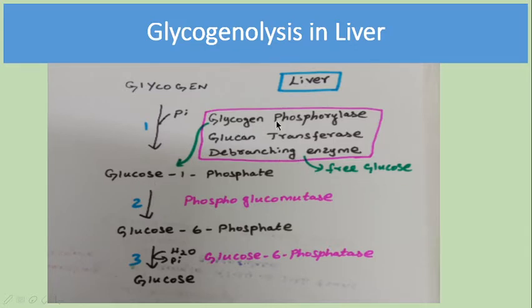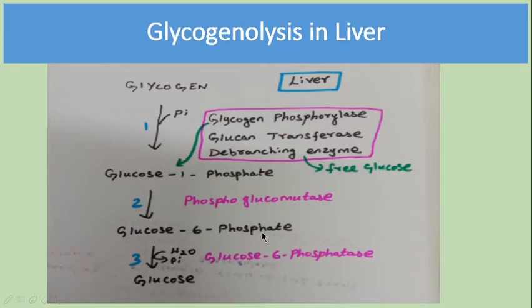Now, with the role of this phosphorylase, you got glucose 1 phosphate. This glucose 1 phosphate, with the help of the enzyme phosphoglucomutase, will be converted into glucose 6 phosphate, and with the help of this enzyme glucose 6 phosphatase in the liver. Phosphatase's role is to remove the phosphate.